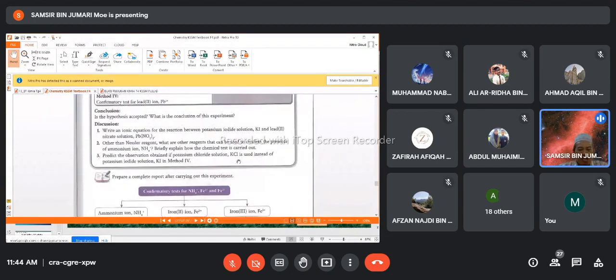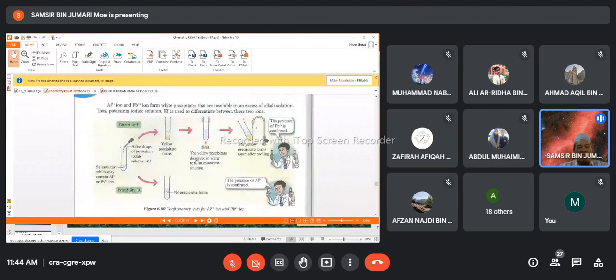Dengan gunakan larutan itu, satu boleh mendakkan, satu lagi tidak boleh untuk mendakkan. Okay. For example here, kita tahu yang lead 2 ion salts can be formed in the insoluble salts. For example, lead 2 chloride, okay, and lead 2 sulfate. Okay, kalau kita tengok kat sini lah.